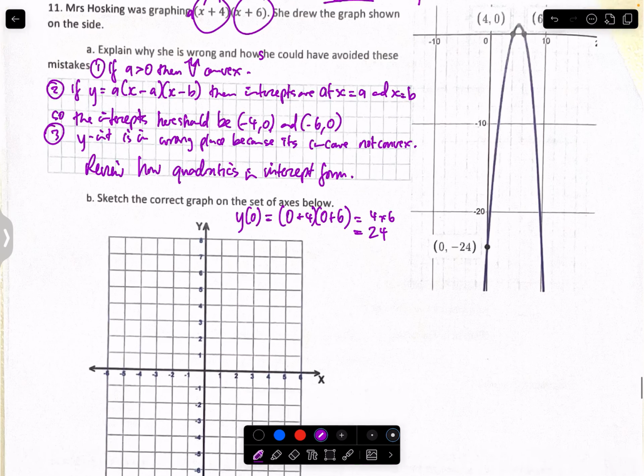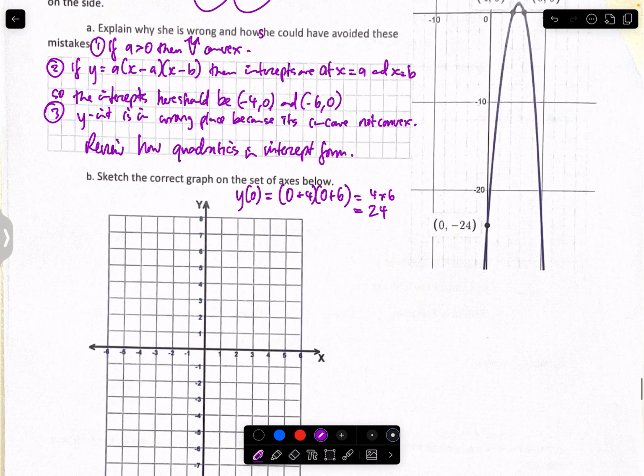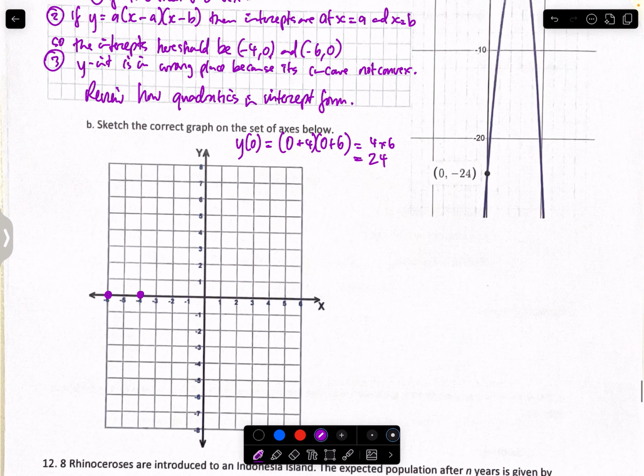So the y-intercept needs to be at 24 and the x-intercepts need to be at -4 and -6.